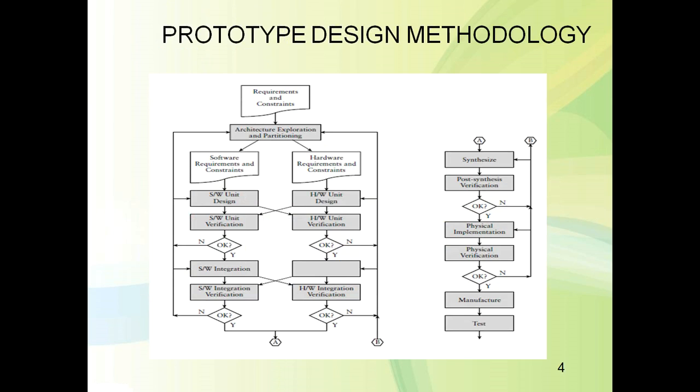This prototype design methodology starts from the requirements and constraints. The requirements you will get from the customer, or from the market, or from the design engineer itself. Depending upon the requirements and the constraints, the main constraints you will get are area, performance, and power.